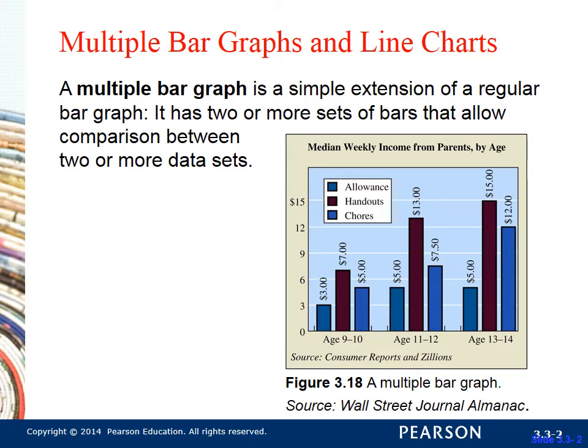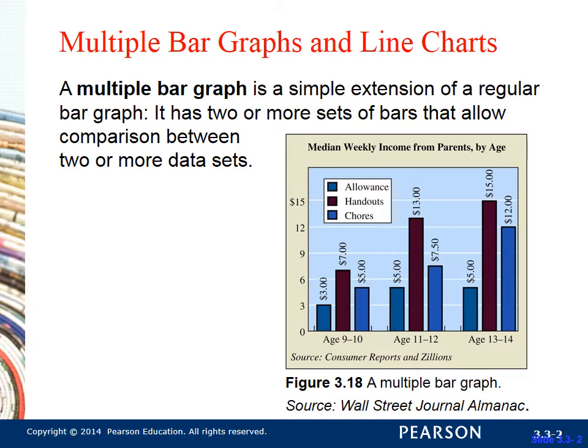So someone in the age group 9 to 10 gets, it looks like $3 for allowance, $7 for handouts, and $5 for chores. So if we do a quick addition, what's that? $10, $15 over the 3 for the age of 9 through 10.